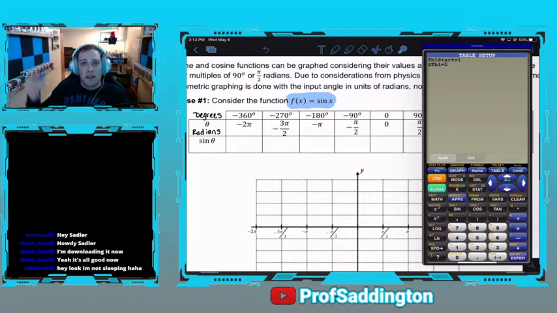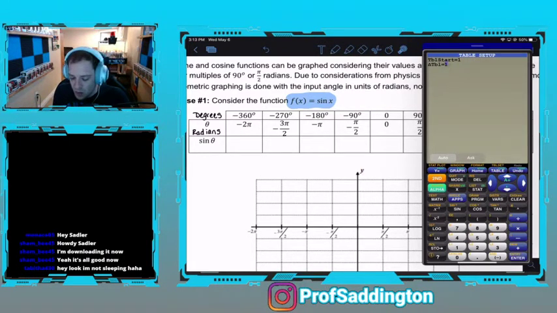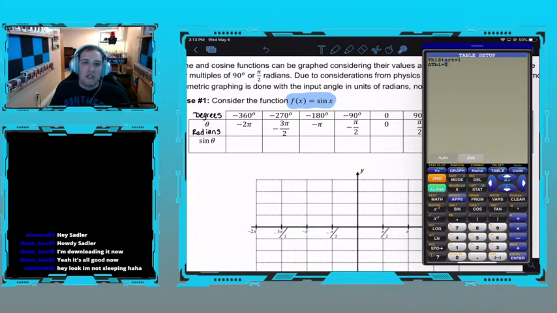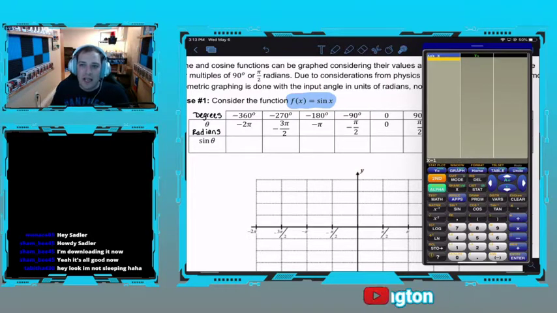And that means it's going to list all the numbers in the table automatically for you. What I want you guys to do is change it to ask. Because if you change it to ask, I'm going to show you a trick. So if you change it to ask, I then want you to click on table. And if you click on table, you're going to see everything is blank.